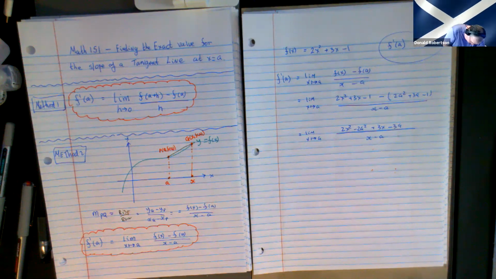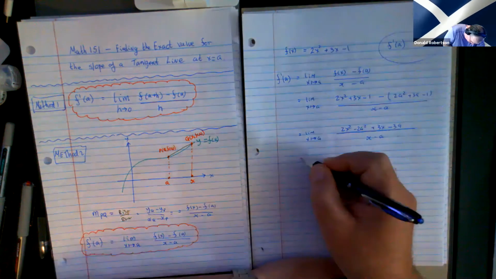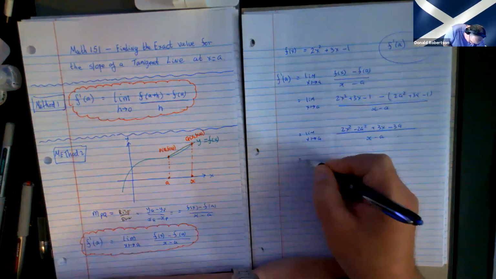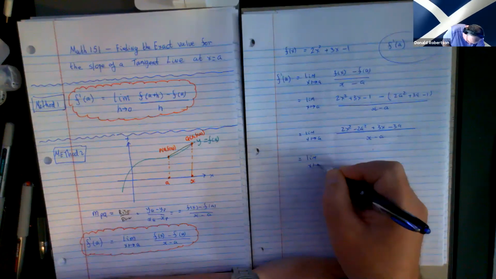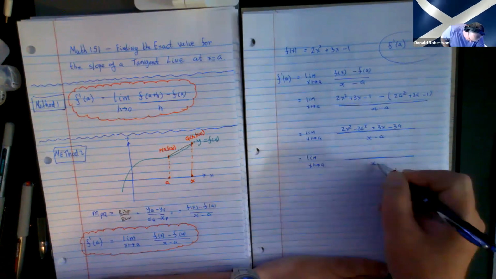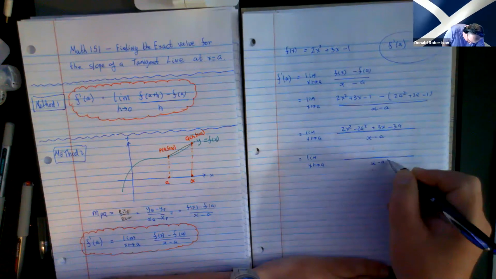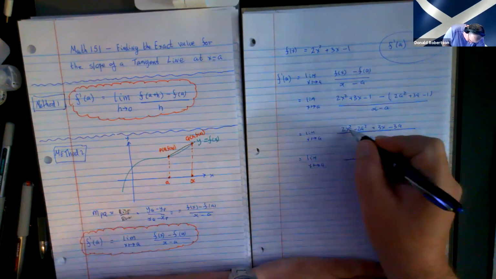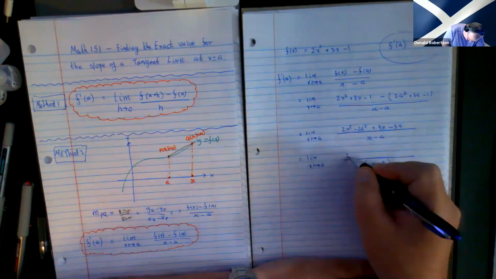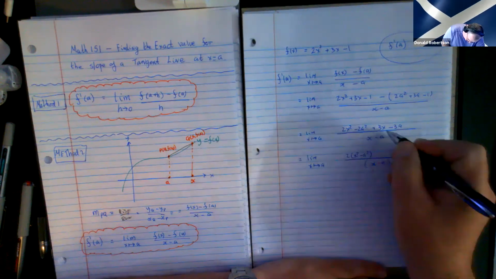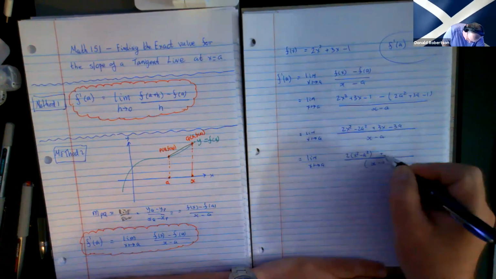So I'm going to approach the problem of having to factor the numerator. I'm going to take the first two terms and pull out a common factor of a. I'm going to take the second two terms and pull out a common factor of 3.